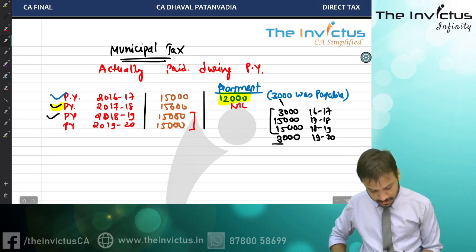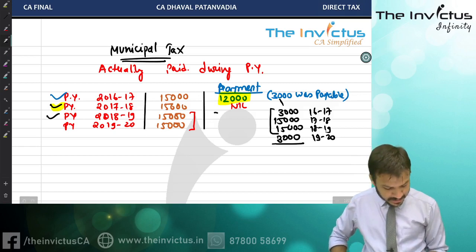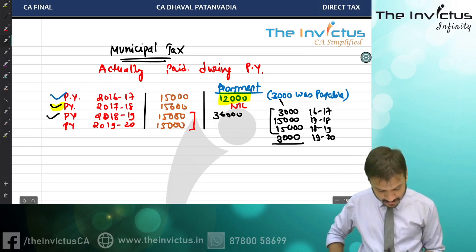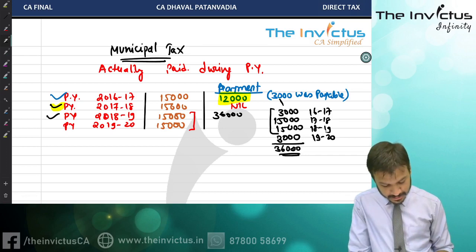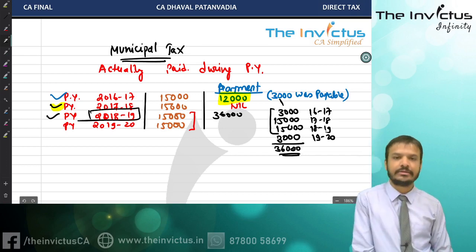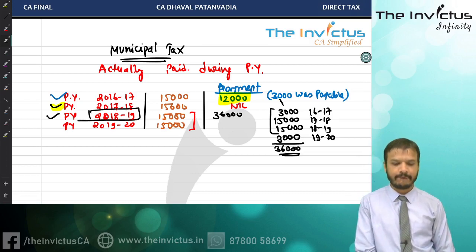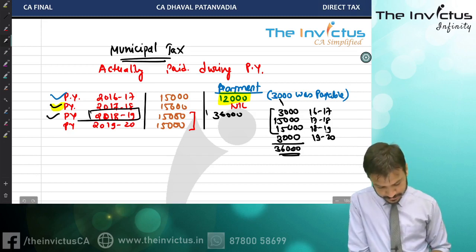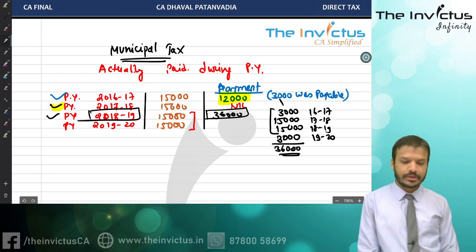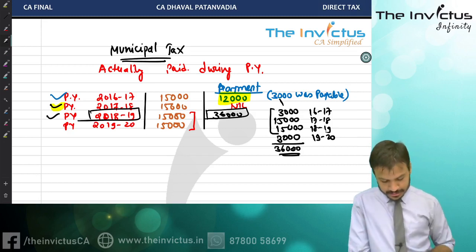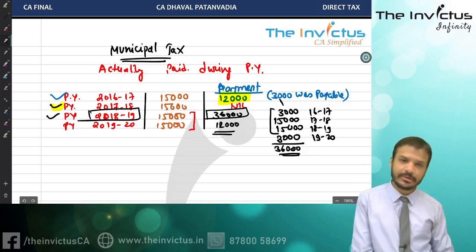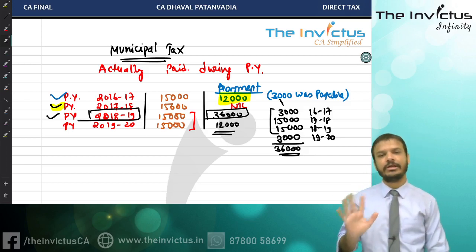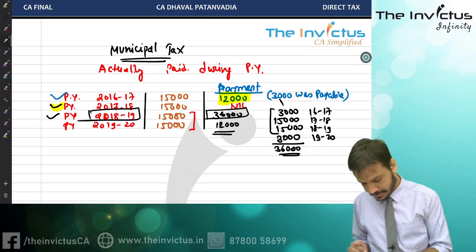So total during the previous year 2018-19 he has paid 36,000 as municipal tax. So he can claim 36,000 total during the previous year 2018-19. And in 2019-20 he has paid rupees 12,000 and the 12,000 will be allowed. So whatever the amount of payment we need to just see.